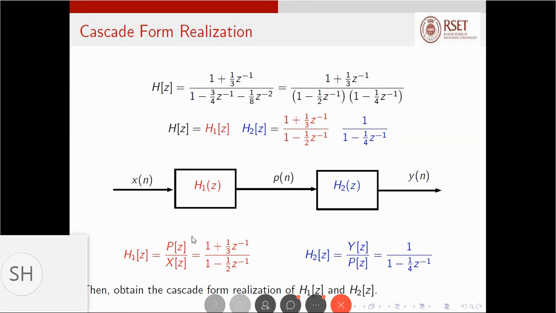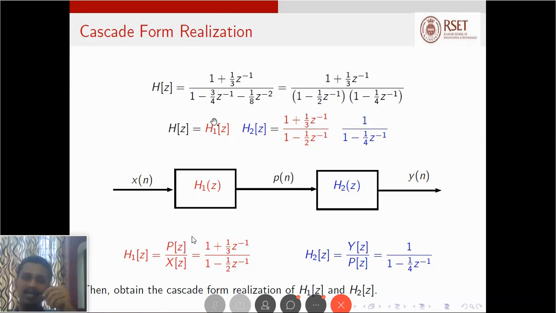In the case of cascade form realization, if you are going for a large system realization, it will be very difficult to introduce, for example, more delay elements may be required. Similarly, the system may be complex. You will not be able to analyze the intermediate stages like this.